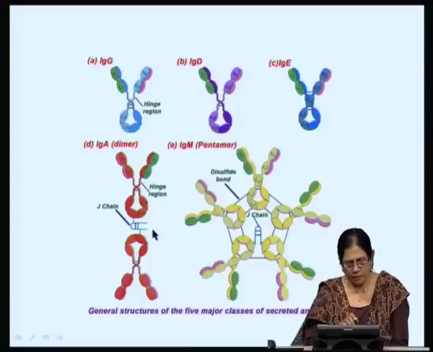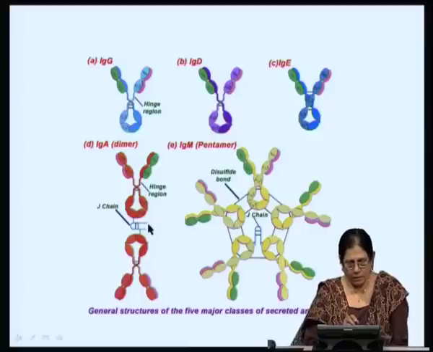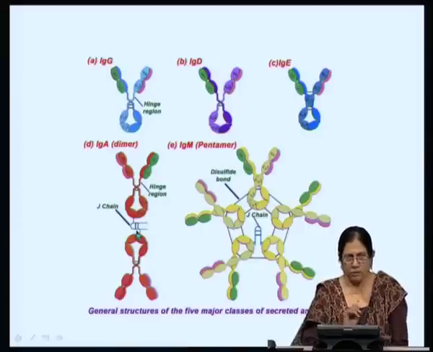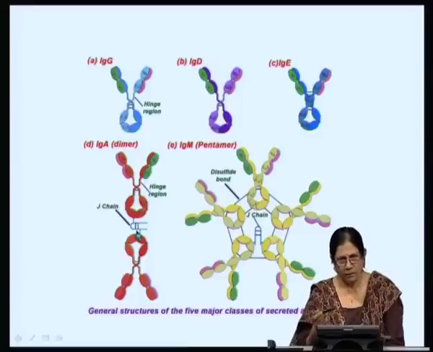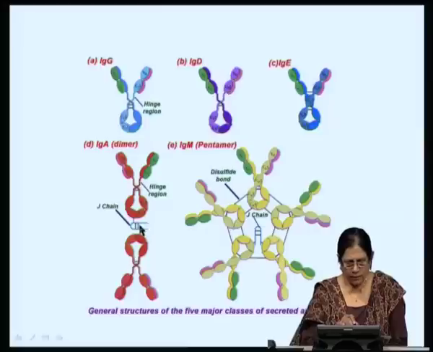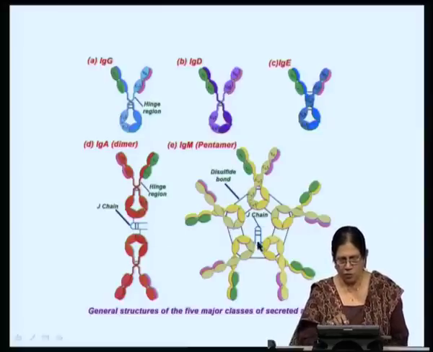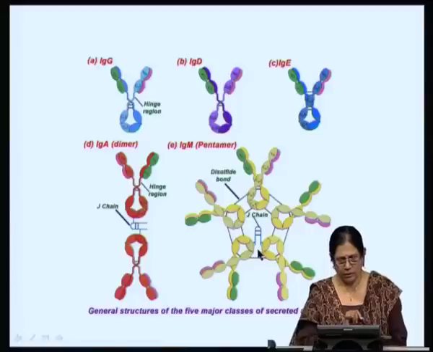The dimer, and the pentamer seen in the IgM, are held together by the J chain, which is a 15 kilodalton cysteine rich molecule, which is also synthesized by the B cells. You can see the J chain here and the J chain here. So, you have similarities between these 2 molecules because of the presence of the J chain.